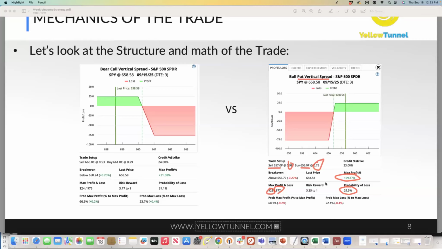Any questions on debit spreads? Credits. I mean, these are both credit spreads, right? But there is a bullish credit spread and a bearish credit spread that you can structure, taking advantage of the volatility and the idea that this trade will not go outside of the range, right? If you think that volatility is going to expand, then you would want to do debit strategies in a similar structure.